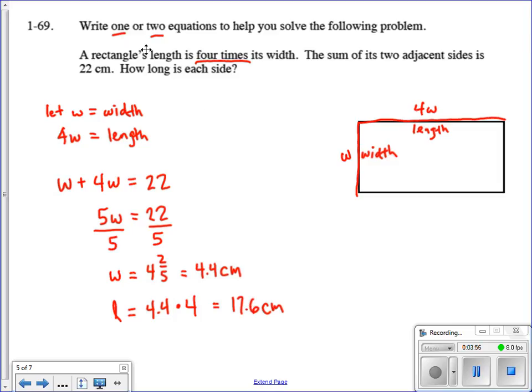So we wrote the equations out, and then it says how long is each side? Well, the width is 4.4 centimeters, the length is 17.6 centimeters. Let's just go ahead and write that out.